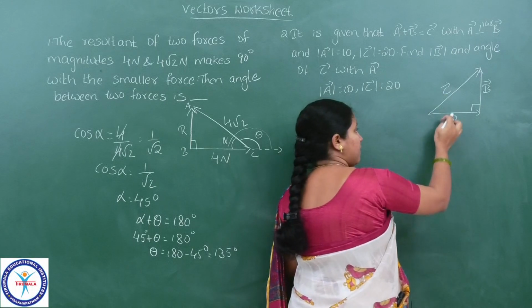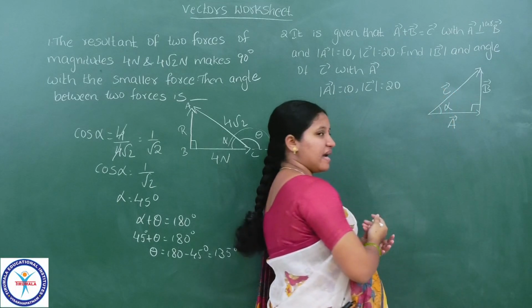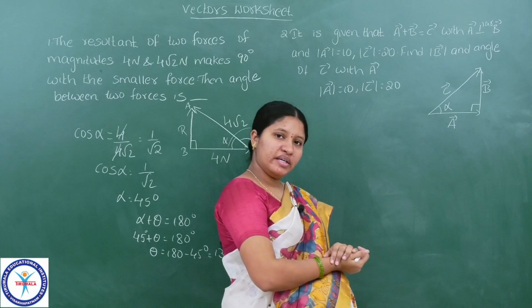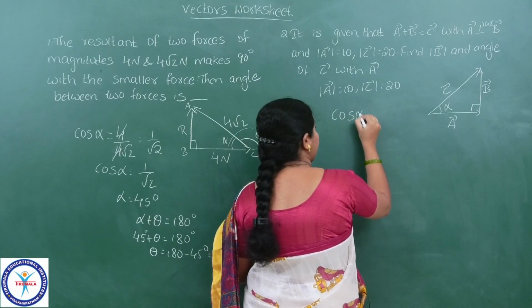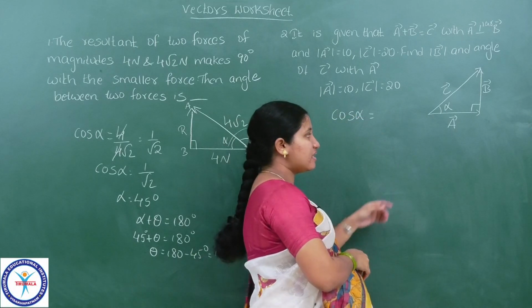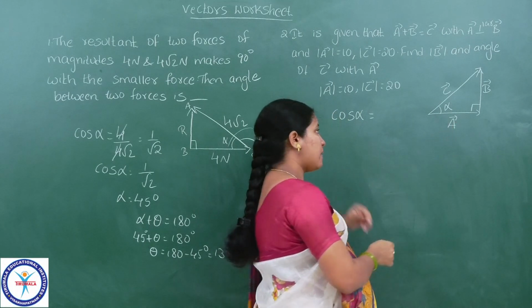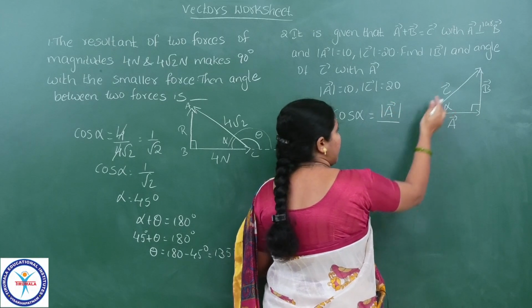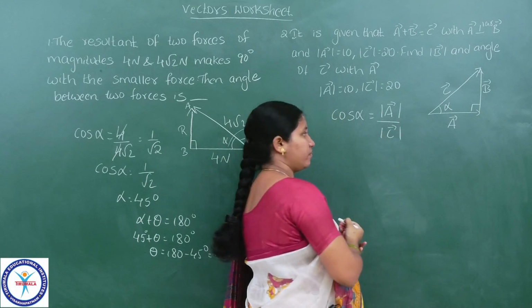So the angle of C bar with A bar means this is the angle. Let us consider the angle to be alpha. So in this triangle we can define cos. So cos alpha is equal to adjacent side by hypotenuse. Adjacent side is the A bar vector, so magnitude of A bar by hypotenuse, which is the magnitude of C bar.